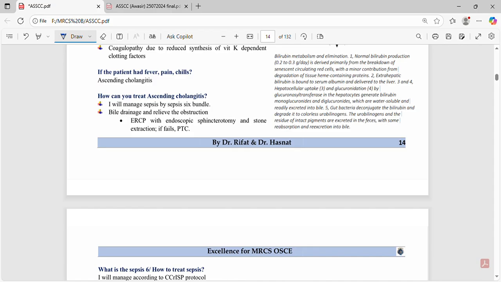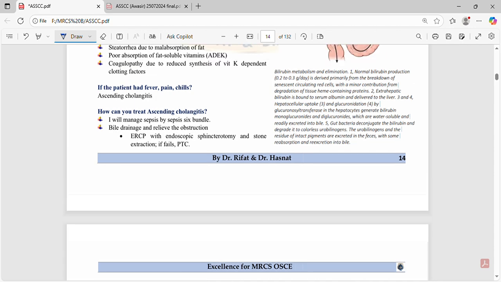This is actually an investigation, like ERCP, endoscopic retrograde cholangiopancreatography, and there is also an intervention, which is percutaneous transhepatic biliary drainage, PTBD. So you can take pictures as well as do the drainage, so it is both investigation and intervention.